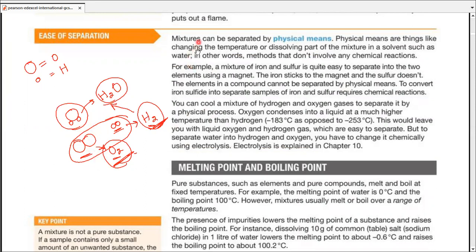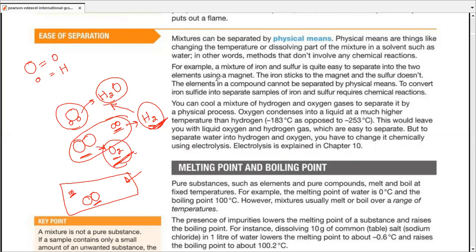For example, you take a container and you fill it with some hydrogen molecules, and at the same time, you fill it with some oxygen molecules, and then you bring a burning matchstick in, they will burn. Since we have the gas that can burn and we have the gas that helps hydrogen to burn.